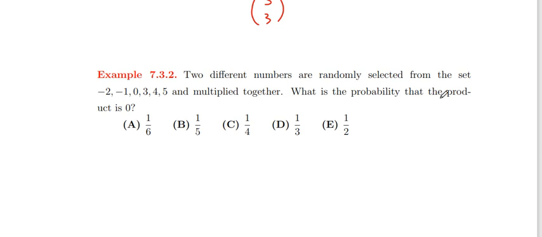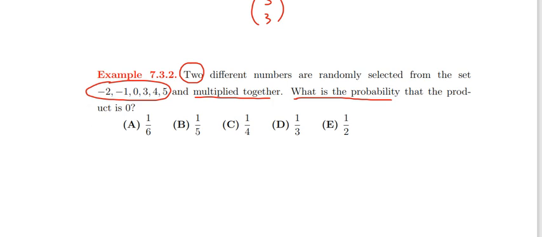Okay, so here we want to find: from here pick 2 different numbers, and then multiply them together. What is the probability that the result is 0?